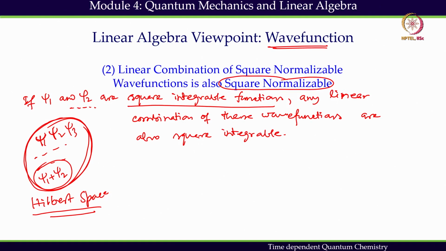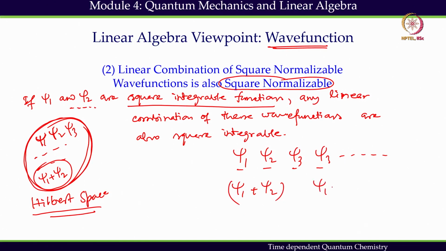And if it is so, then if I have individual solutions psi 1, psi 2, psi 3, dot dot dot, and each one is square normalizable, then I should have another solution psi 1 plus psi 2, that also would be square normalizable.